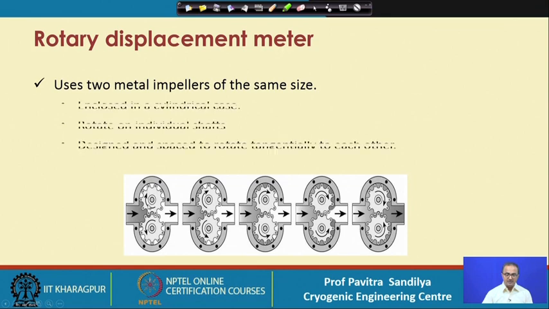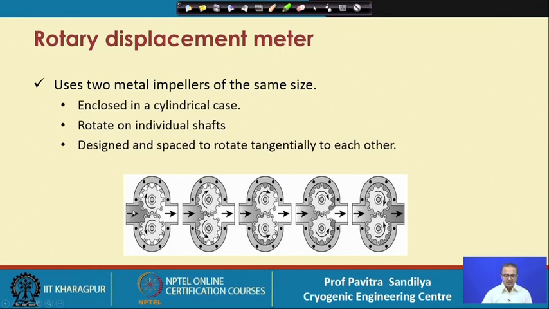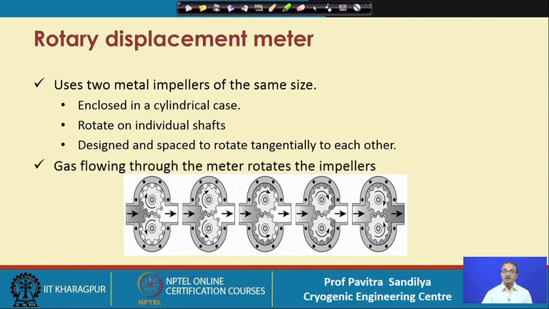As they rotate, the fluid is sucked in through this chamber, and this is the enclosure within which these rotating elements are enclosed. We can see how the fluid path goes inside the chamber, and ultimately the fluid comes out through the output chamber. This is the way the rotary displacement meter works.